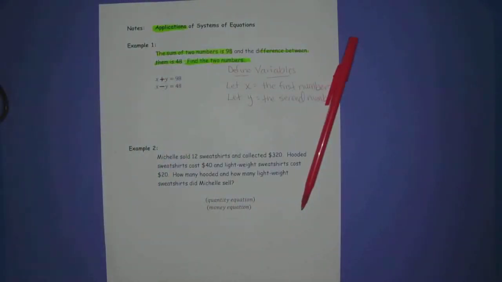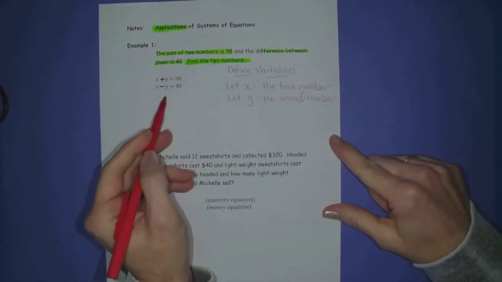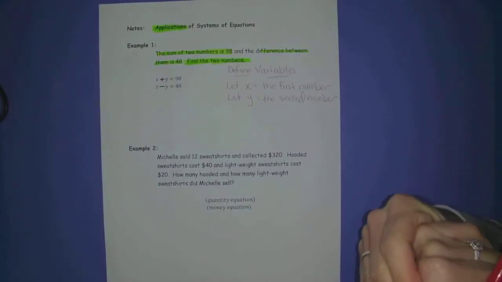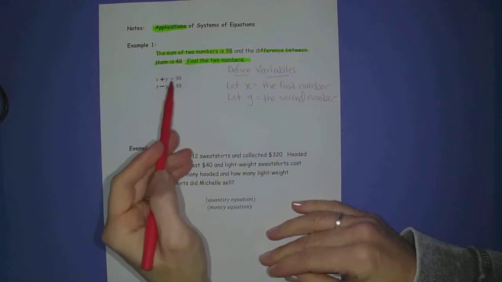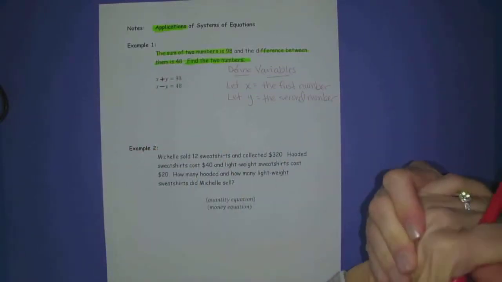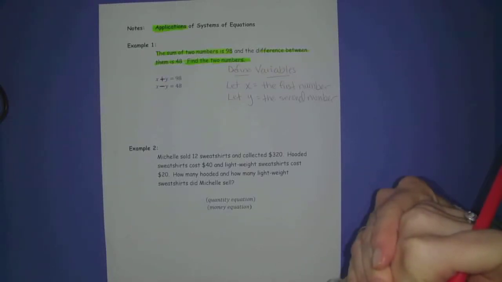And now we think to ourselves, okay, we want to solve for our variables, so we want to find x and y. What method of the 3 that we studied would be the best? Both equations are given in standard form, and the method that lends itself best to standard form is elimination.